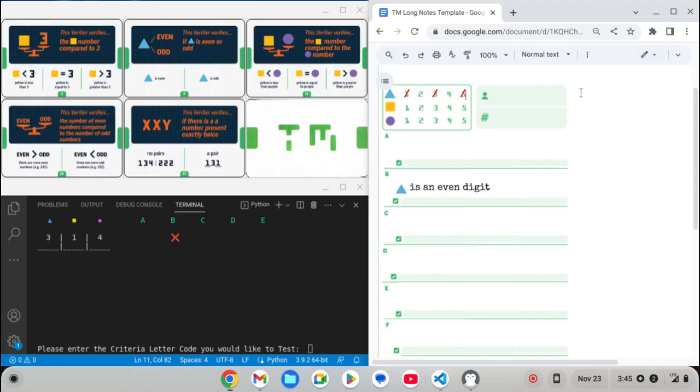Okay, so the next thing I think I'd like to test is criteria card D. Okay, so the Turing machine does not approve of my choice. I did pick, or at least my proposal does have, 2 odds to a single even. Since the Turing machine does not approve of that, it's actually letting me know that there should be more even than odds.